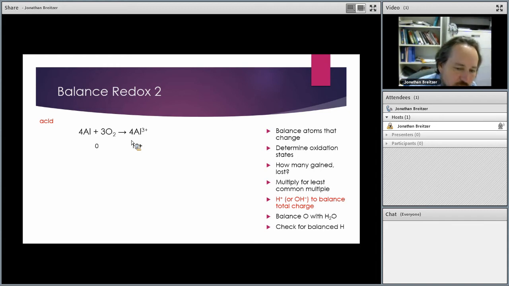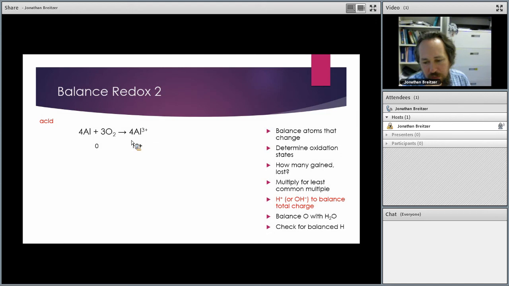Multiply the charge by the coefficient, 4 plus, 12 plus. Remember, if there was something else on the right side that was charged, like let's say there were 4 chlorides or something, then that would bring it down to 8 plus, right? Because the 4 times 1 minus is 4 minus plus the 12 plus gives you 8 plus. So just add everything together, add the charges together on each side.